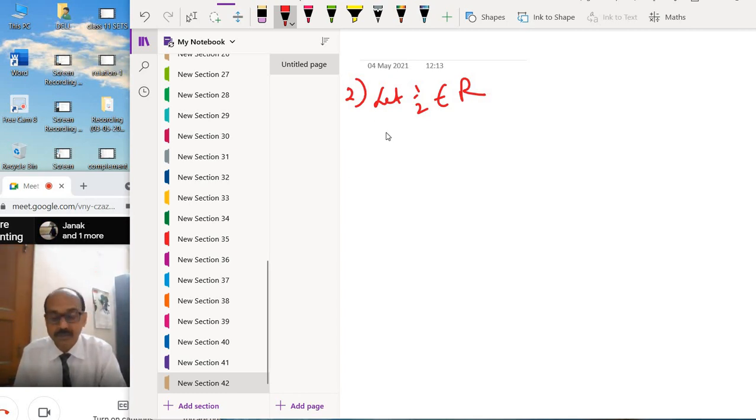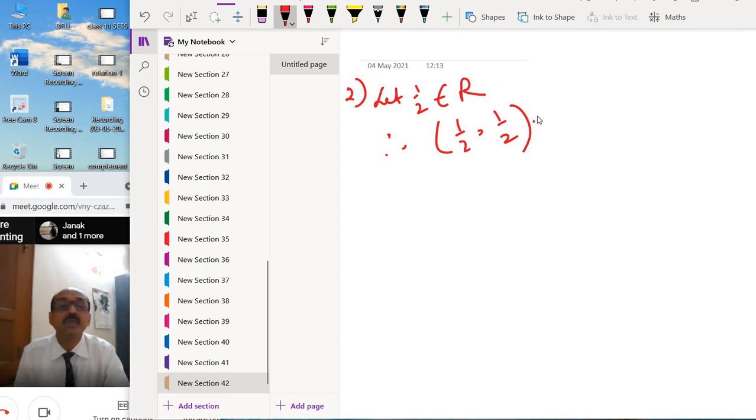Therefore (1 by 2, 1 by 2) does not belong to R. Why does it not belong to R?